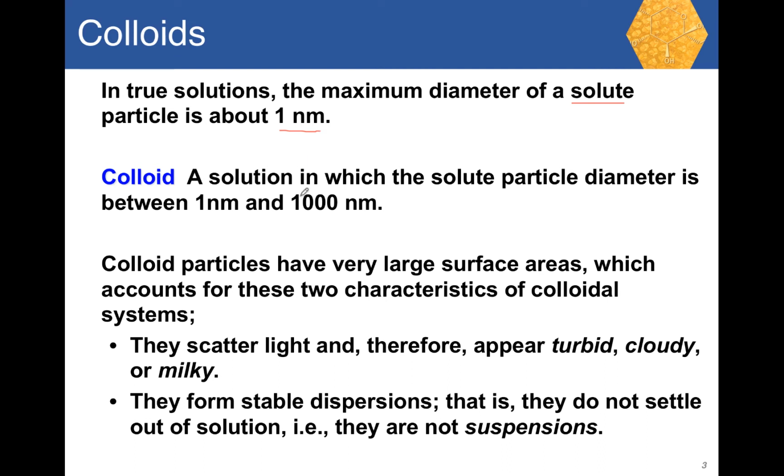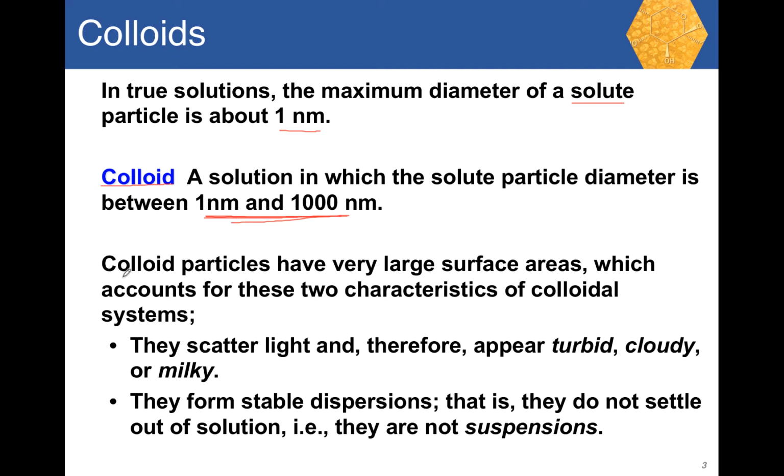But if we have a solution where the solute is much larger, going up to 1,000 nanometers, that's no longer classified as a true solution. There's a different term for that. We say that's colloids. So a colloid here is a solution that's made up of solute where the particle size is much larger than that of your true solution.